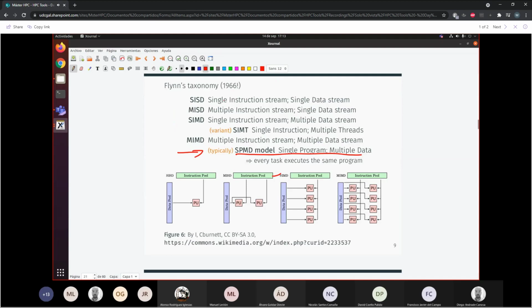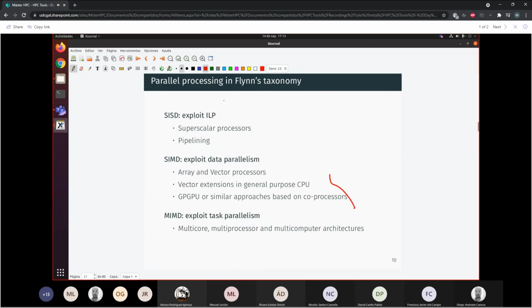SISD will be a computer which is able to exploit just something that is called instruction level parallelism. It's a computer that is able to execute several instructions at the same time, but at different stages. It's not really doing real parallelism.